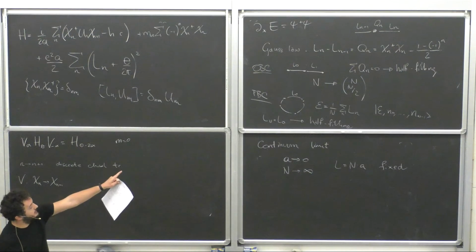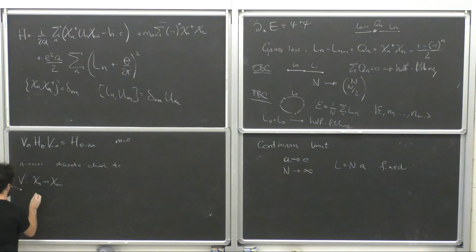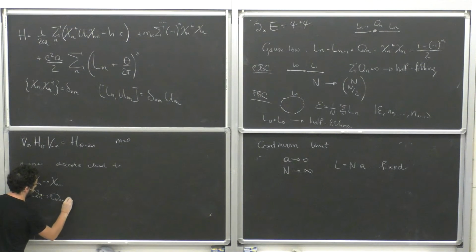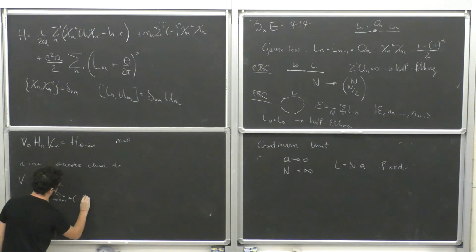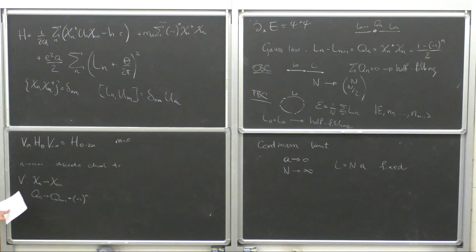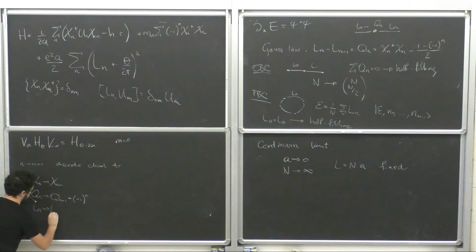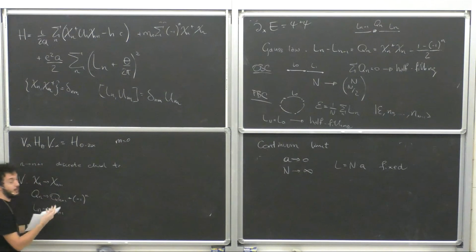You remember how I defined the charges, so this sends Qn to Qn plus 1, plus or minus 1 to the n. And I want this transformation to leave me in the gauge invariant Hilbert space, so I had to satisfy Gauss's law. So Ln gets then sent to Ln plus 1 plus a constant.